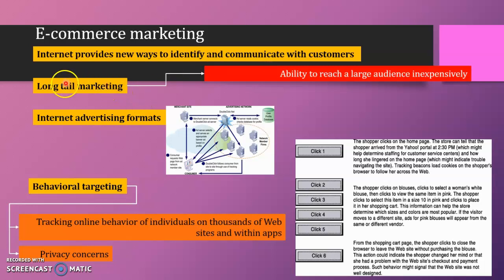So we have long tail marketing, able to reach a large audience inexpensively. How do you reach the audience? Maybe by using internet advertising formats. So we have to learn about internet advertising, how to advertise by using the internet.